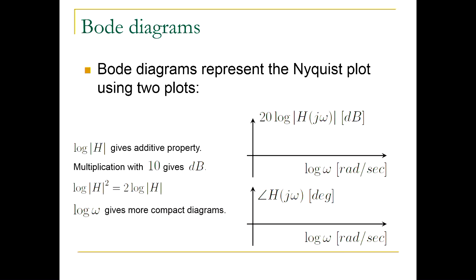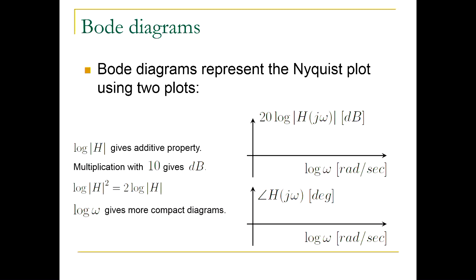That's the property that we will use, and this is why we plot it using logarithms. Why do we use the logarithm of omega? Well, it gives us more compact diagrams because this logarithmic scale can cover a much wider range of frequencies which are of interest in design and analysis. So it's just more convenient to work with the logarithm of omega.